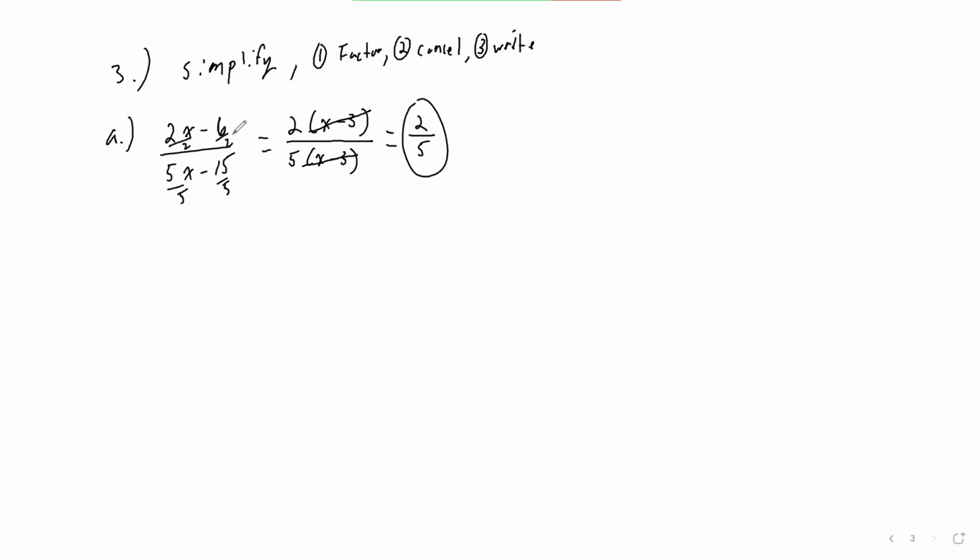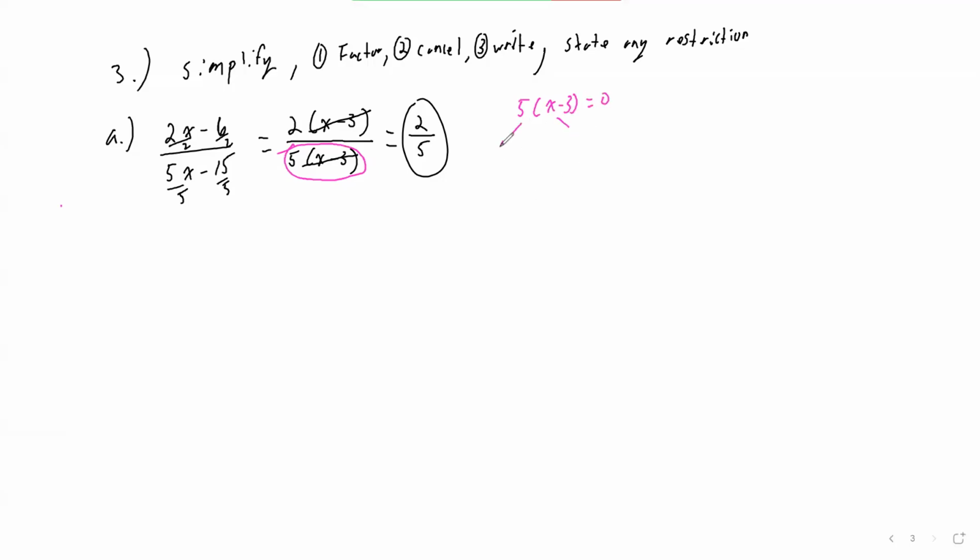Now, the second part of this, that was to simplify, but then it also said state any restrictions. And that's when I'm going to take just the bottom. Now, you can start here and refactor, or you can do the work that you did here with the factoring already. So I'm going to take that, my 5 times x minus 3, and I'm going to set it equal to 0.